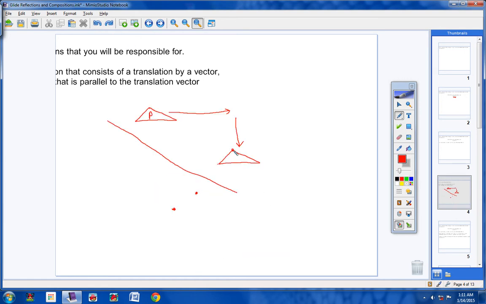This point right here is that far away, so I go the same distance and put that point right there.